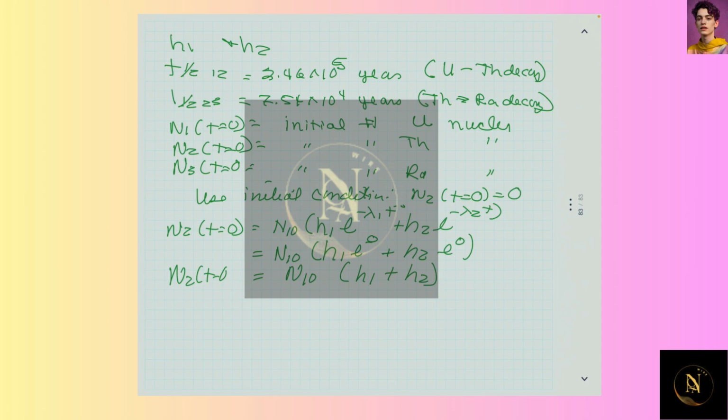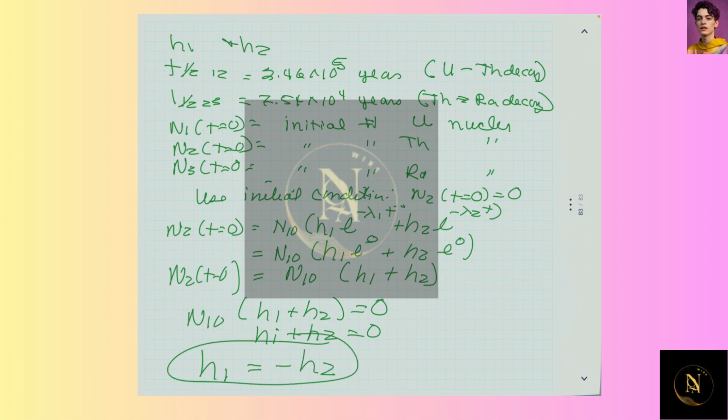So we're going to equate this to 0 because there's no thorium initially. So n10 times h1 plus h2 equals 0. So h1 plus h2 equals 0, and h1 will then be equal to the negative h2. There's our A.